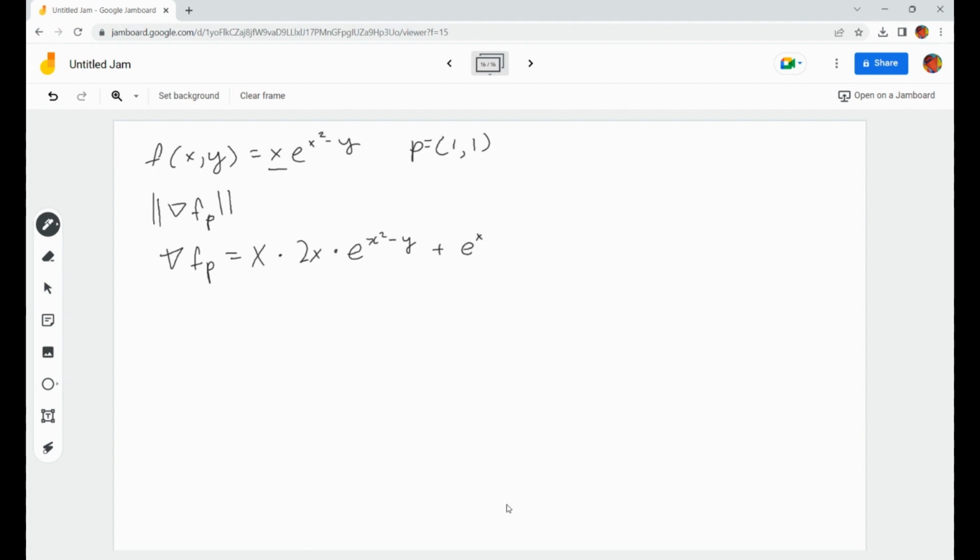So e to the x squared minus y. That's the one portion done. And then we need the y version of it. As I said, e to the x squared minus y would be what happens, because that's over here and it goes away, which is something like this. Now, I can't really show this without showing everything.